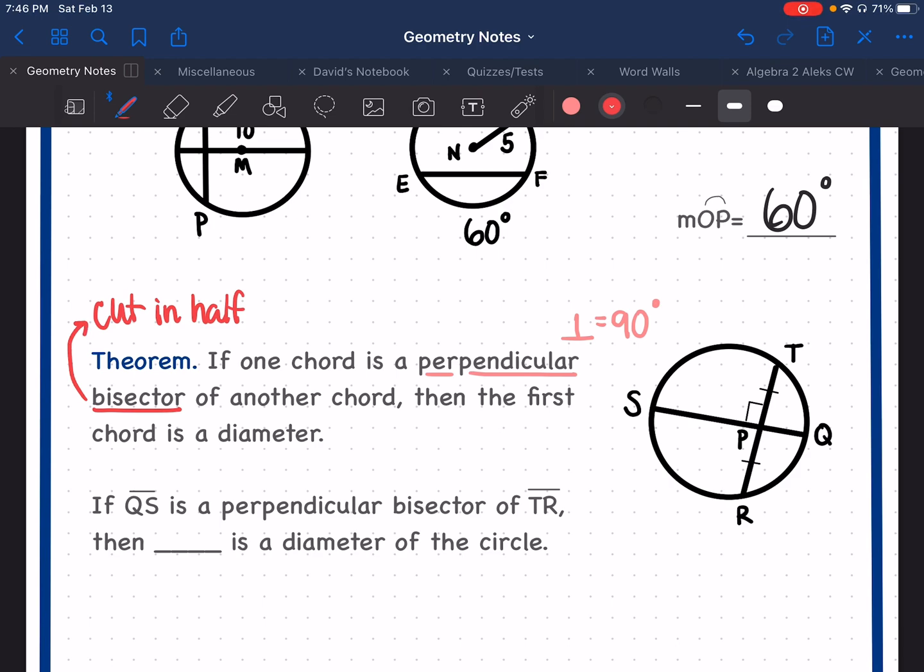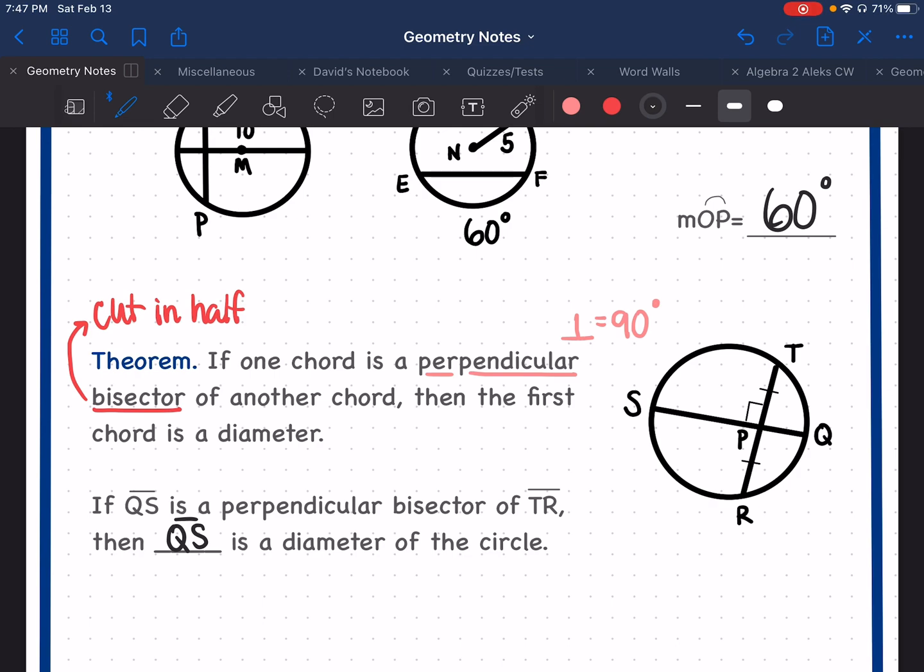So if one chord is a perpendicular bisector, notice we see our 90 degrees for perpendicular, and then we see our bisector by seeing that TP and RP are equal, then the first chord is a diameter. If QS is a perpendicular bisector of TR, then that means that QS is a diameter of the circle.